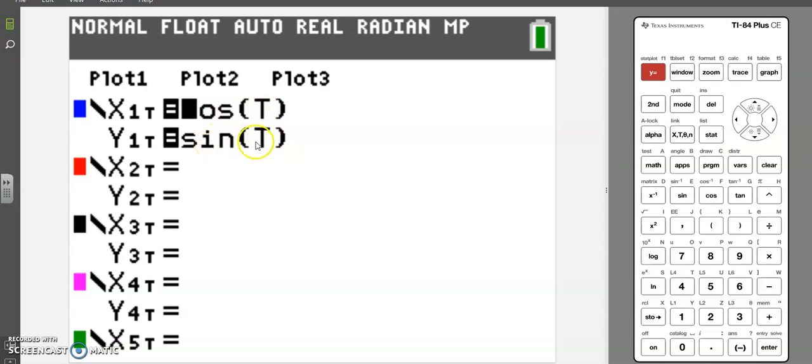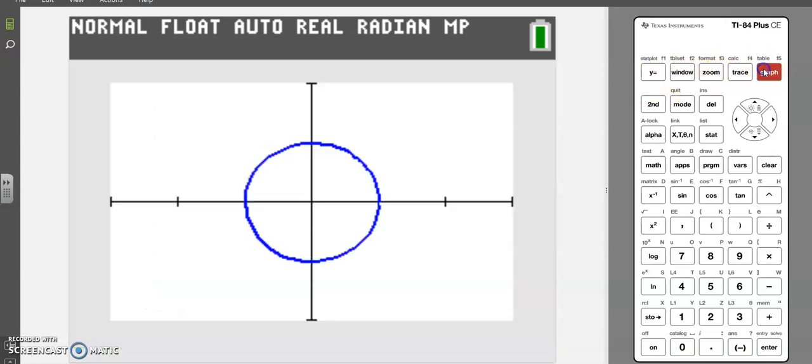Y would equal the sine of 0, which is 0, so it plotted the point (1, 0). Then the next time it plugged in 0.1 for t, giving cosine of 0.1, sine of 0.1, then cosine of 0.2, sine of 0.2, cosine of 0.3, sine of 0.3, etc., all the way around. And of course, we got a circle.